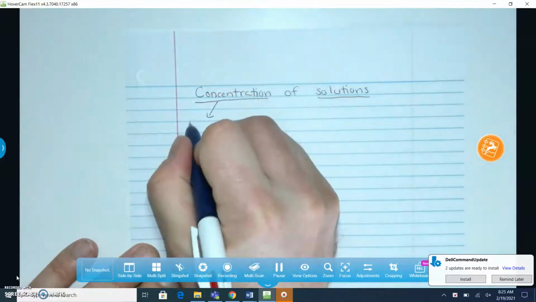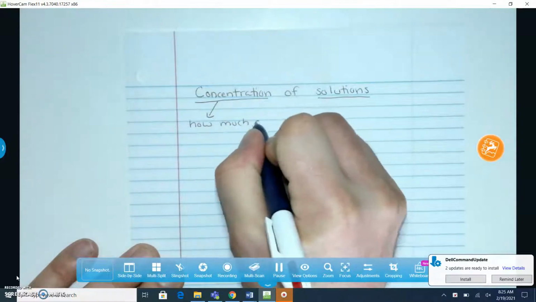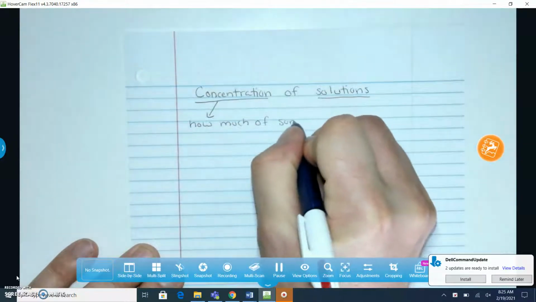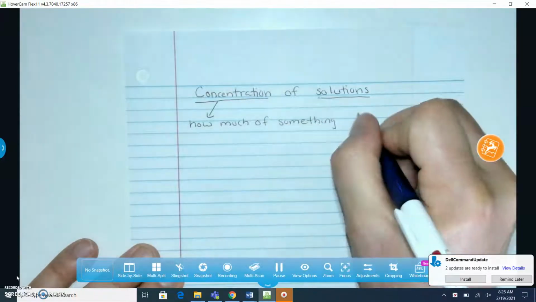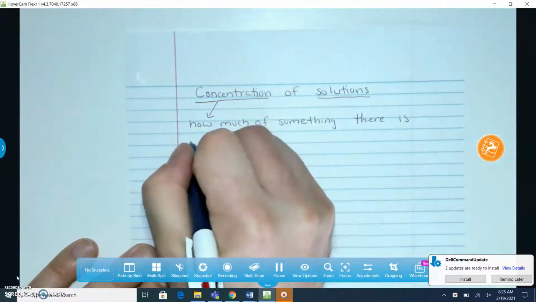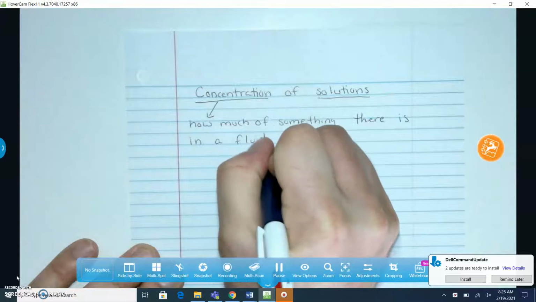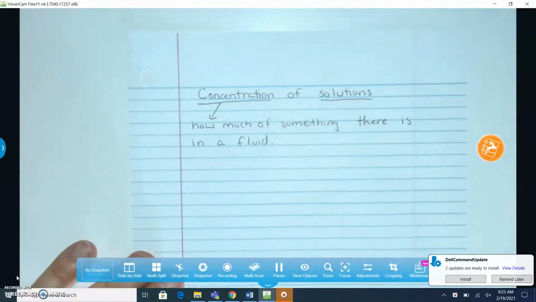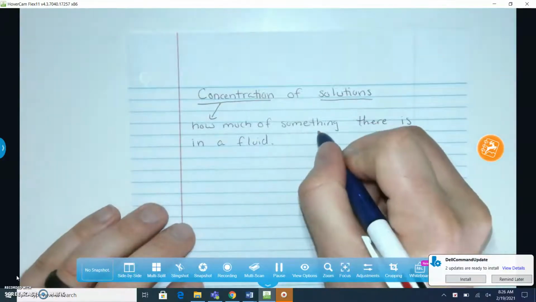Concentration refers to how much of something there is in a fluid. Now, what do we mean by something?